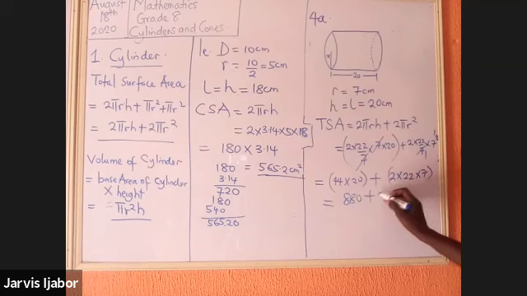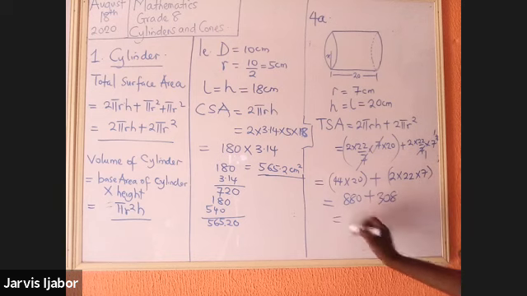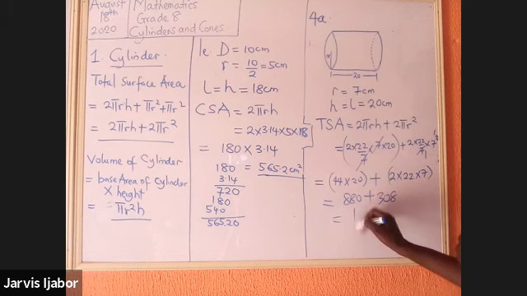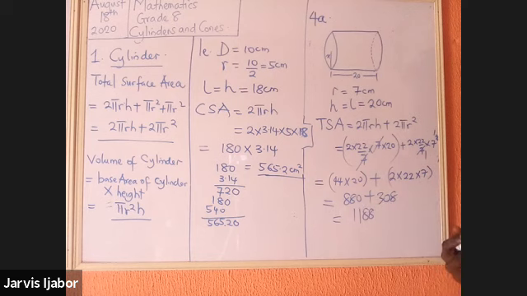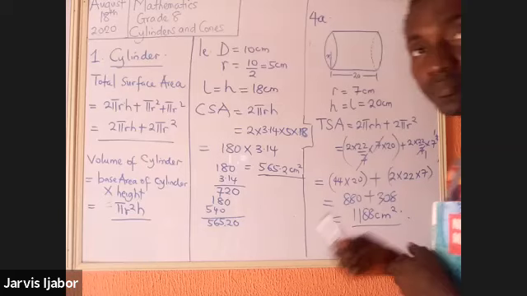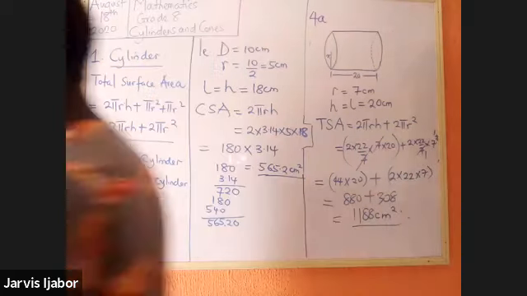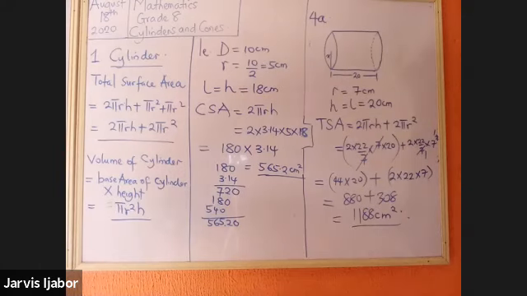That will give me 308. You can confirm these answers later, and this will give me 1,188. Oh, I got that right. Centimeter squared. So that's that for the area. So that's the total surface area of that figure.